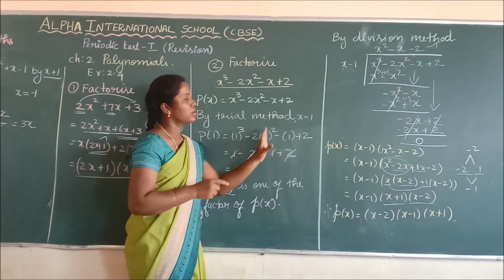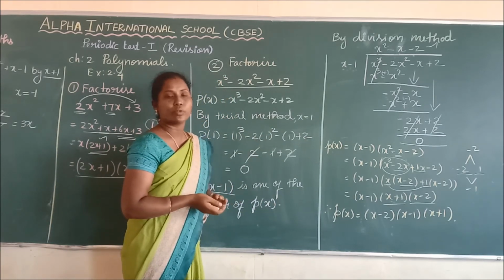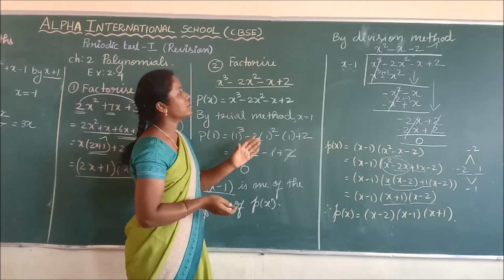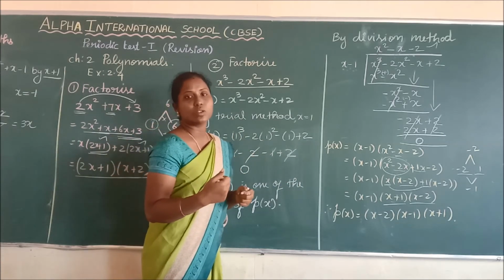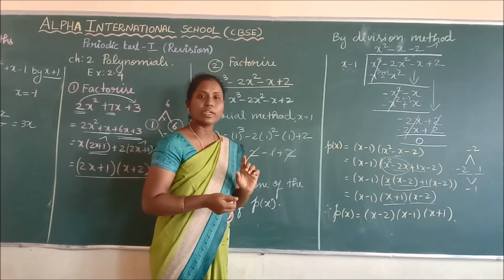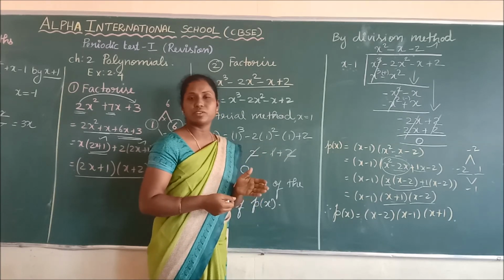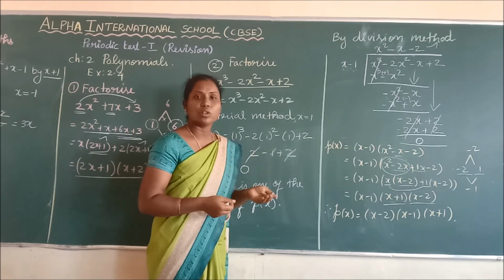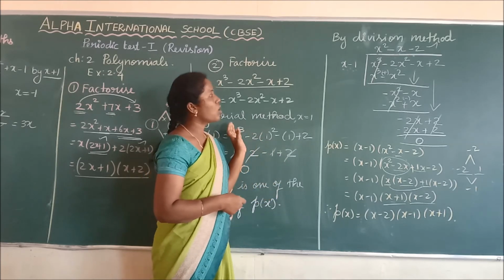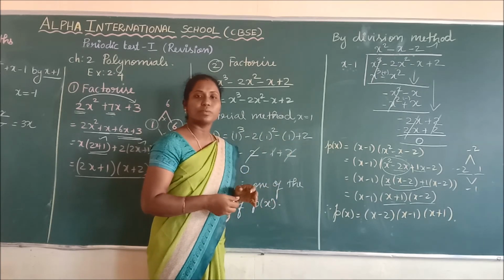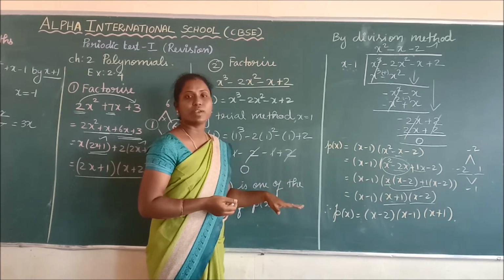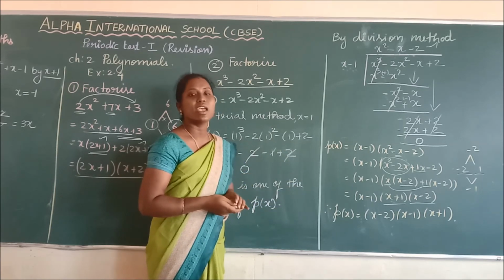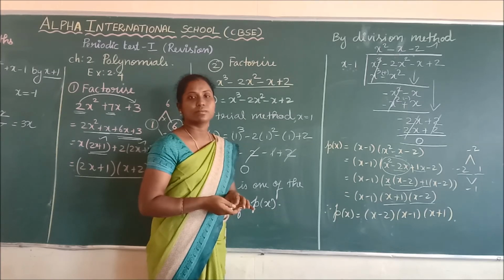So up to exercise 2.4 we revised the problems. You have to see the previous videos also. For your first unit test, we have revised the first chapter fully. See that video also for your revision and go through all the examples and exercise problems. Not only these problems, you have to revise all the exercise and example problems.